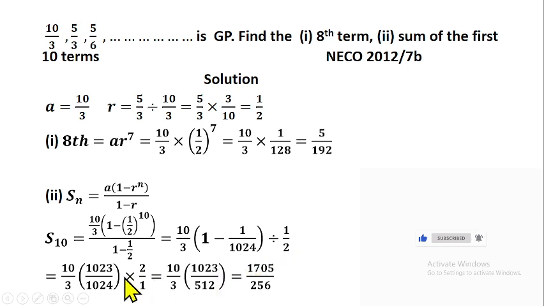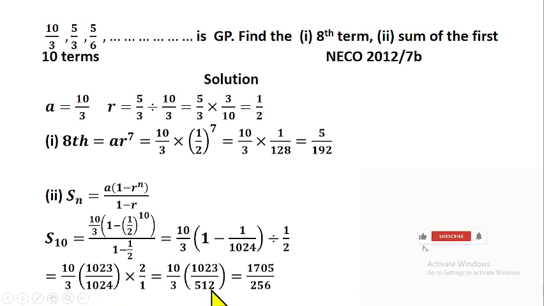Then from there, we can change this division to times, and we can also find the LCM in the brackets. So if you find the LCM of the bracket, you'll have 1024 minus 1 over 1024, and that will give us 1023 over 1024 times 2 over 1. Then from there, 2 can go into 1024.